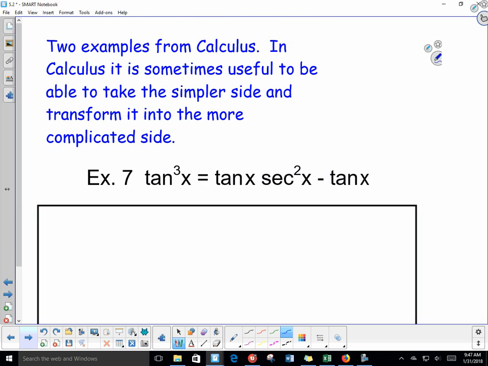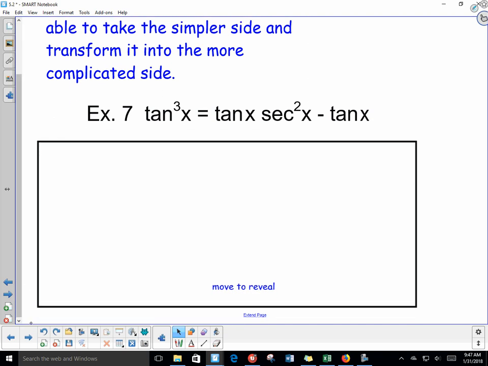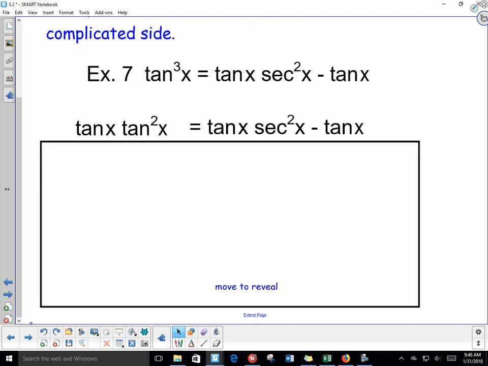All right, so there are two examples from calculus. In calculus, it's sometimes useful to be able to take the simpler side and transform it into the more complicated side. So for this example, number 7, tangent cubed x equals tangent x secant squared x minus tangent x. But if we want to take the simpler side, that would be the left side here. We may want to split up the tangent cubed into tangent x times tangent squared x.